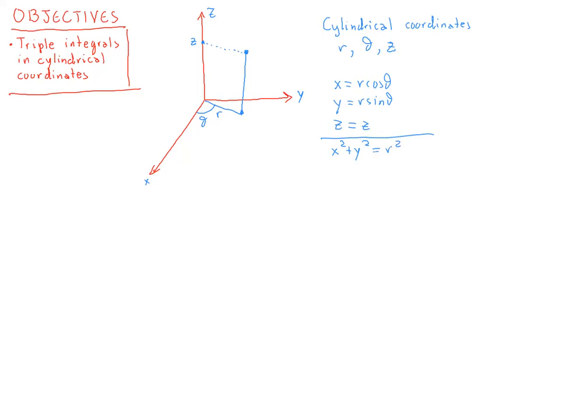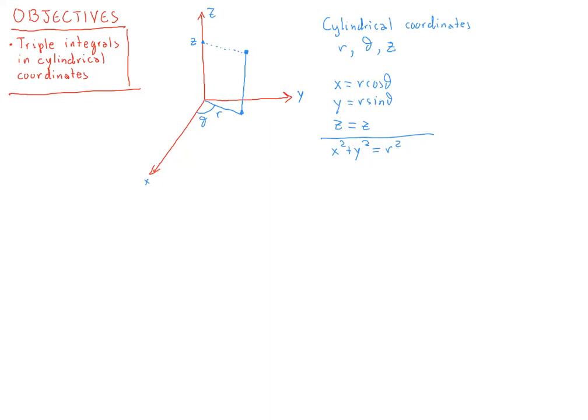Now, what else do we need? We described the cylindrical coordinates. That should allow us to describe our sets. Remember, that's the first step of changing an integral into a different set of coordinates. Then we have the second step, where we need to change the integrand to express it in terms of the new coordinates.